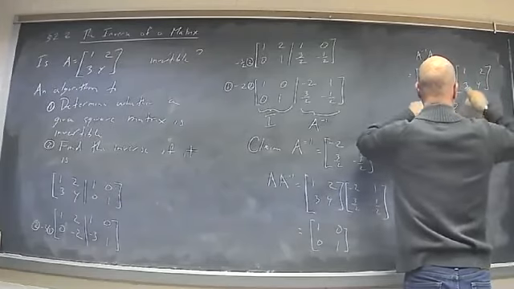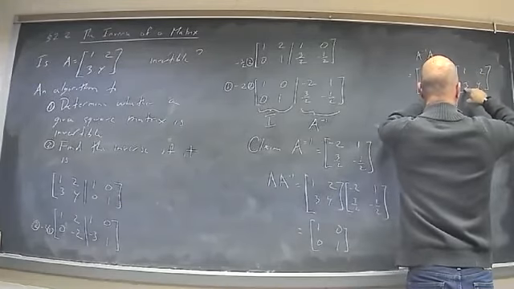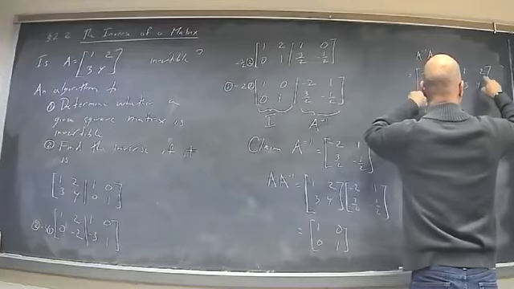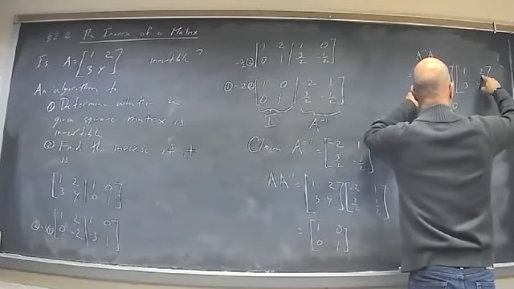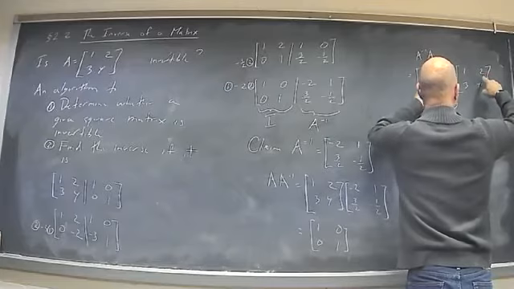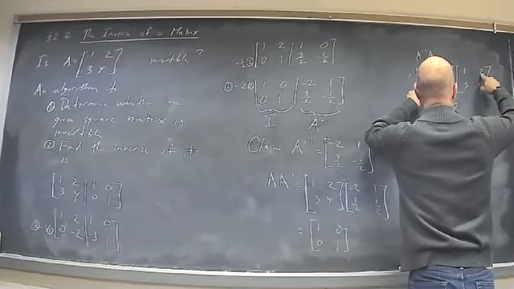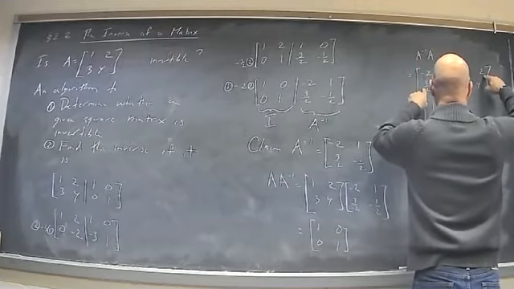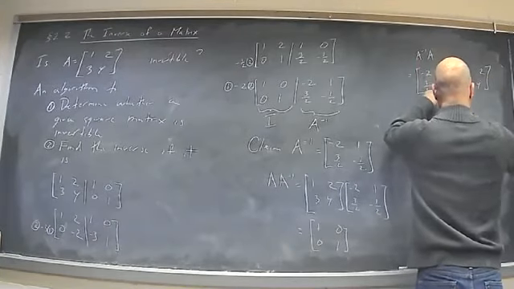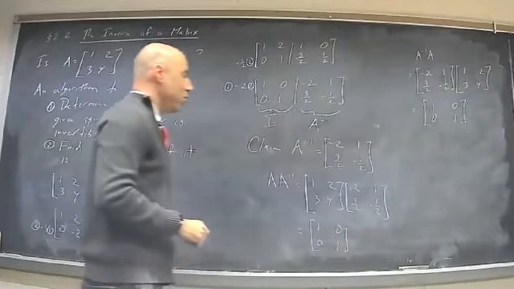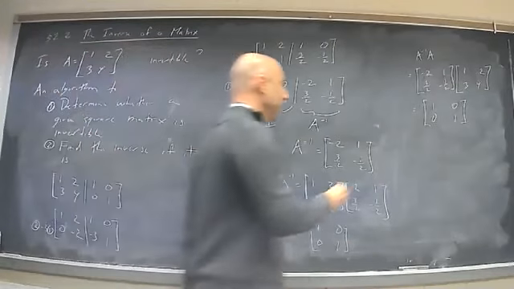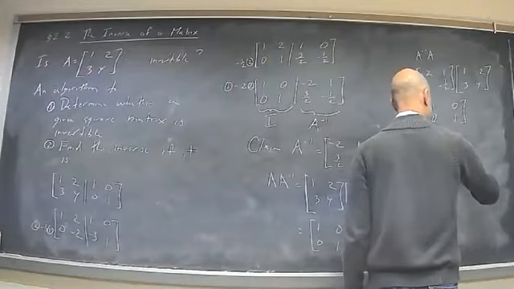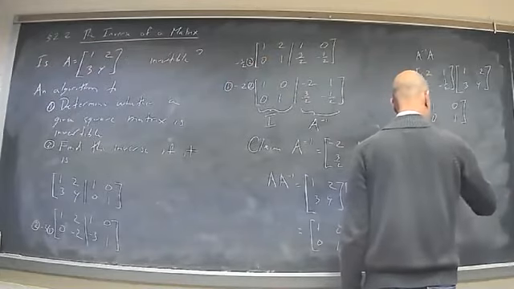Plus 4 is 0. 3/2 minus 3/2 is 0. Wait, sorry. What did I get minus? Oh, no, we're good. Sorry. 3 minus 2 is 1. So in either order, we get the identity. A times A inverse gave me the identity, and A inverse times A gives me the identity.